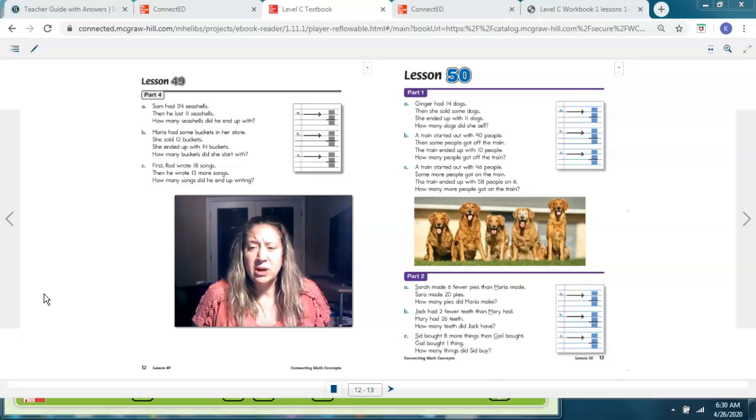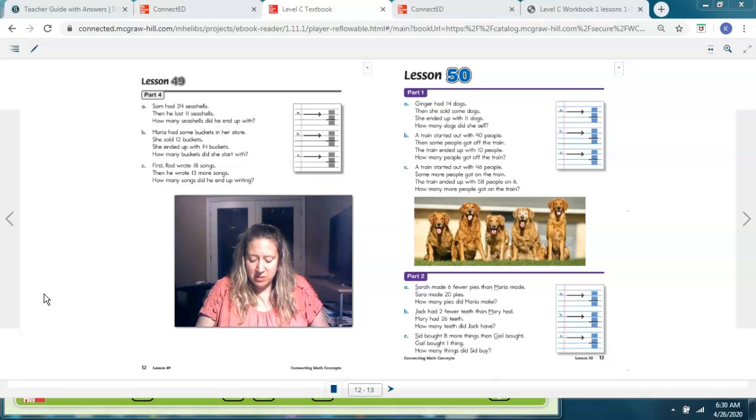Write in your notebook on the top, lesson 50, and we're going to be doing part 1 right now. You can see that we have some comparison problems here that we're going to be doing in your notebook. You're going to make your arrow, and I will read the problem to you starting with A.